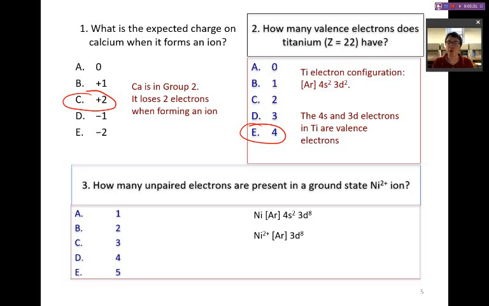Remember, we remove from the highest n value first. Since the 4s is higher in n value than the 3d, we remove those electrons first. Then, if we draw out the orbital diagram and include the arrows, we would see that we have 5 half-filled subshells and then add 3 more electrons in, and so we have a total of 2 unpaired electrons.